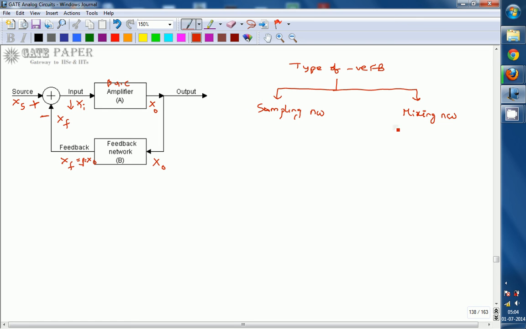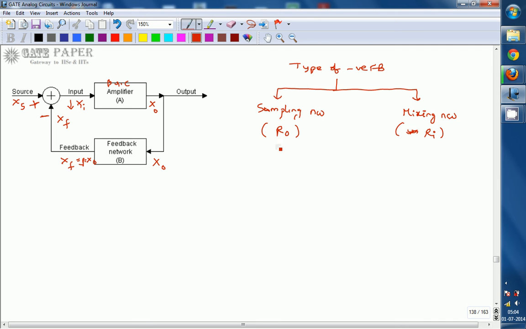The mixing network always deals with the input side, that is Ri, and the sampling network at the output side is always related to R0. Ri is input impedance, R0 is output impedance.